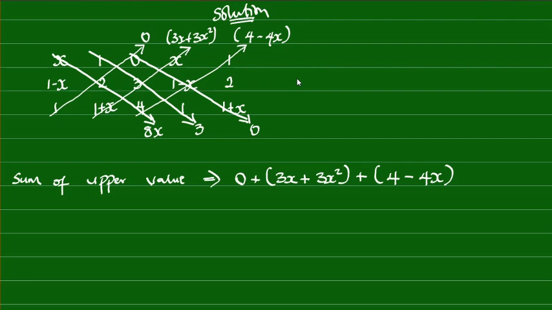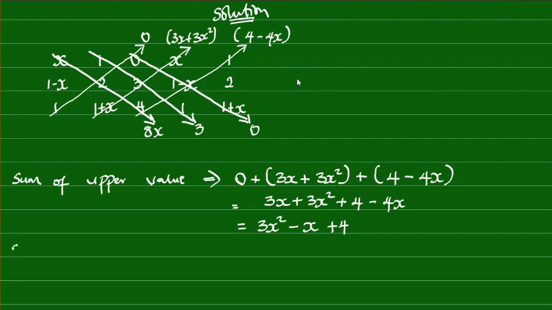Now when we sum this up, 0 has no value, so this gives us 3x plus 3x squared, plus we open our bracket, we have 4 minus 4x, is equal to, we bring 3x squared forward, so we have 3x squared. 3x minus 4x, we have minus x. And lastly, plus 4 is the sum of our upper values.